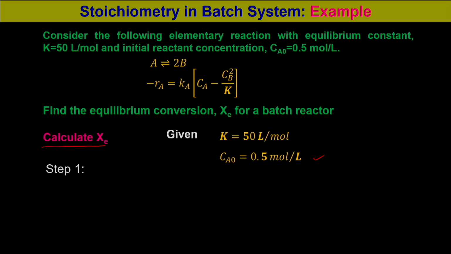Now, we need to follow the steps. First step, we should know the relation dx dt equal to minus Ra V by Na naught. That is the rate law.